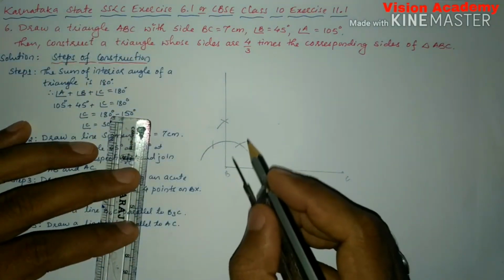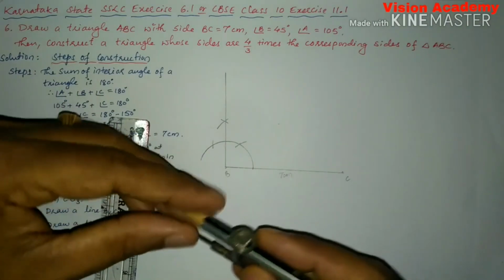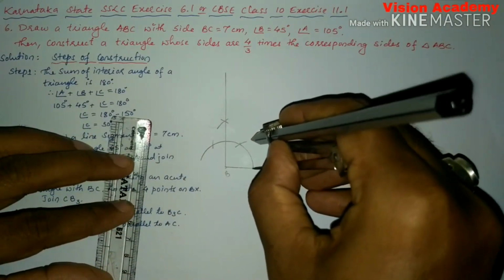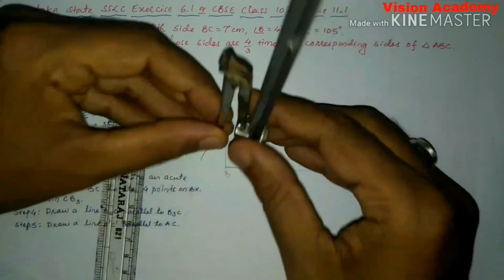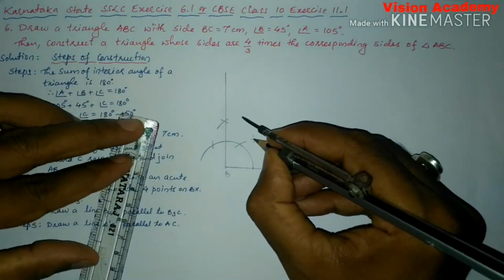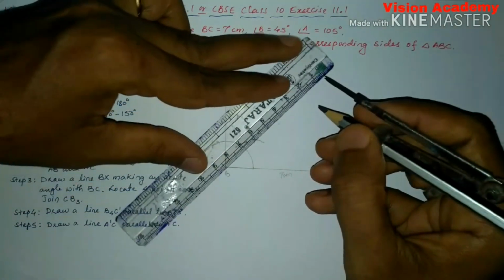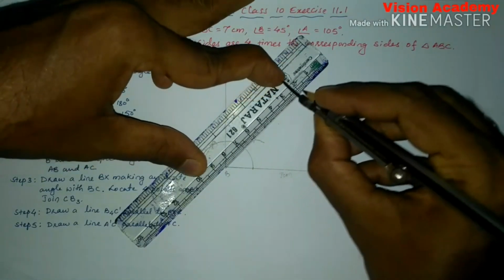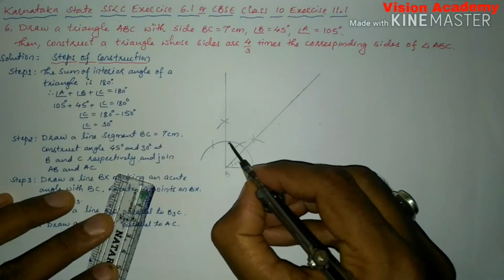Next, half of this: let us draw an arc from this point, and from this point let us draw another arc. This intersected point gives us 45 degrees. Let me draw a straight line that passes through this intersected point. So this gives us 45 degrees.